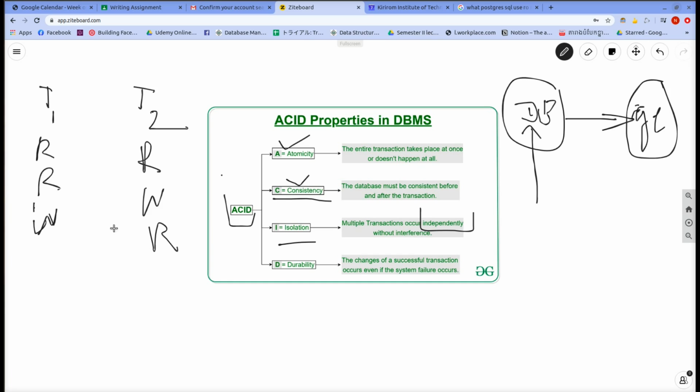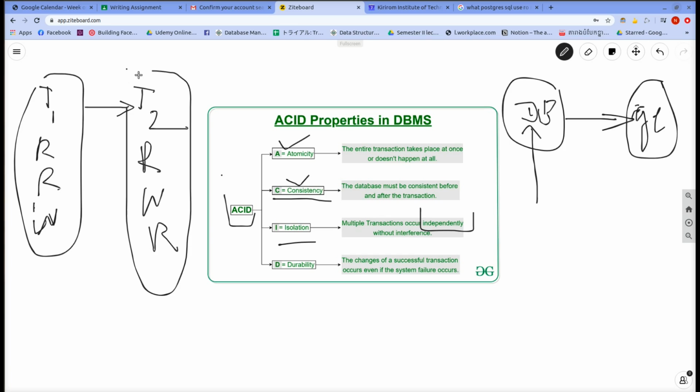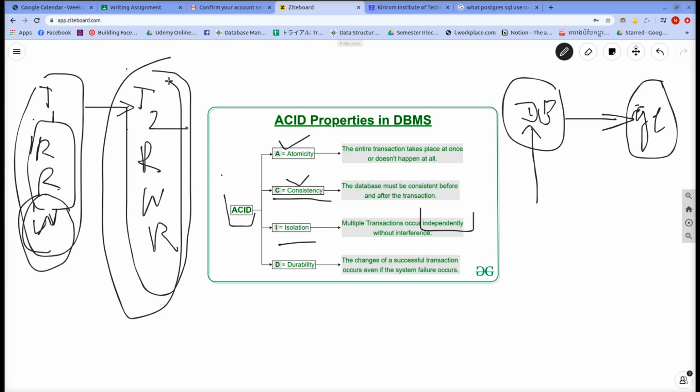As you know, if we have not completed this transaction yet, we are not able to perform this transaction. What I mean by this is, if we just complete partially the write and we have not completed the read, and we have not completed this write yet, we are not able to perform this transaction.